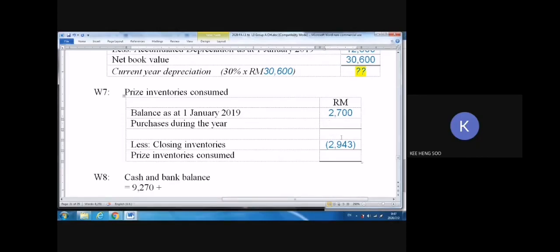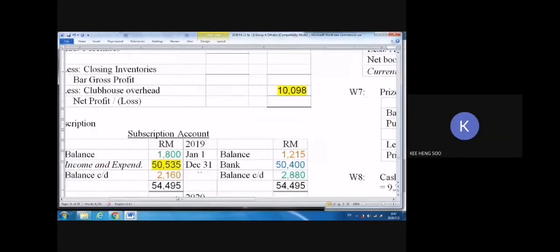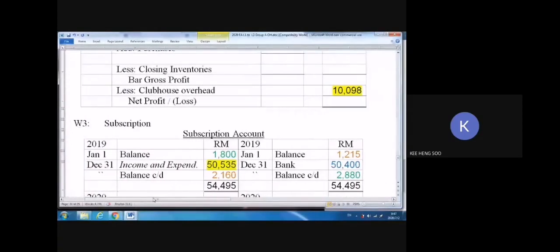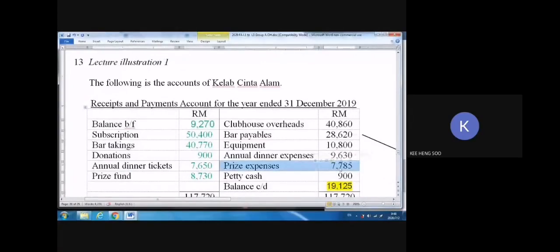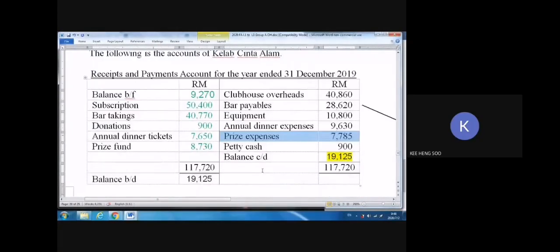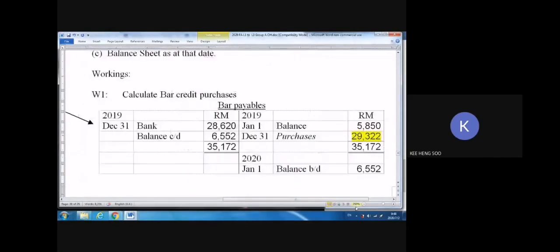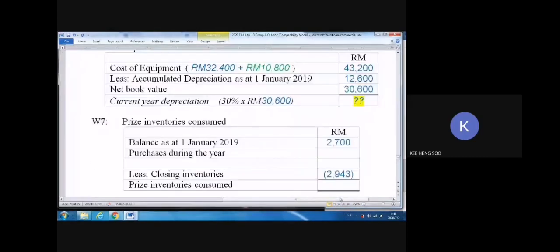Okay, now let me continue here. So you are given these two figures. How much is your inventory purchases during the year? You buy prizes 7785. You go to your payment. You give prizes, 7785.